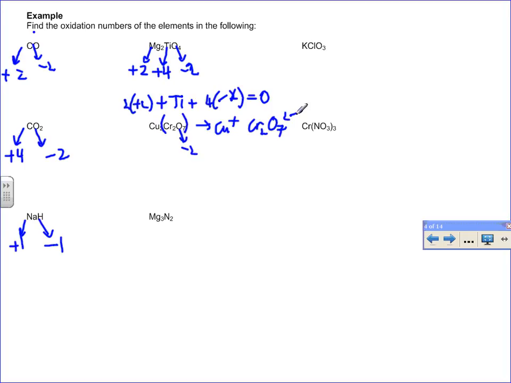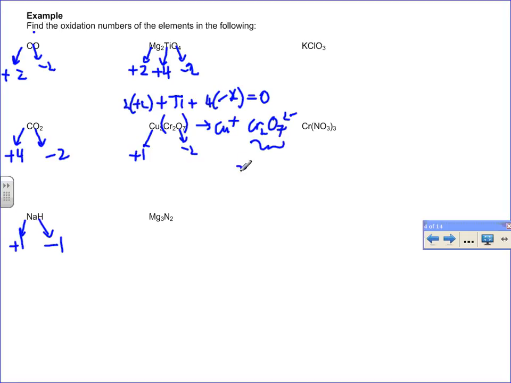Okay, so we can see the copper here has a +1. By breaking it up into its ions, we see that's the charge and the oxidation state of copper. Then we can either solve using the whole molecule or we can solve using just this ion here.